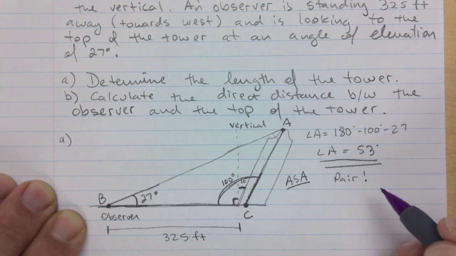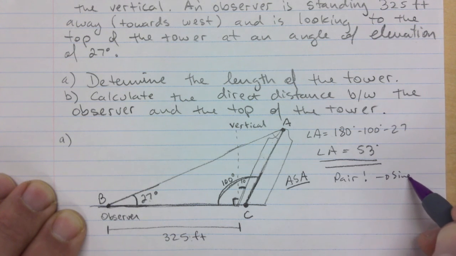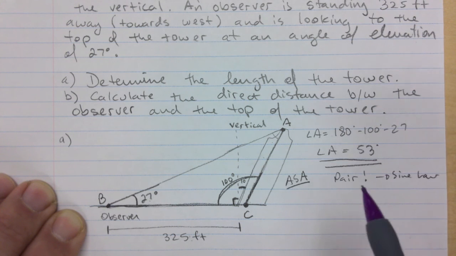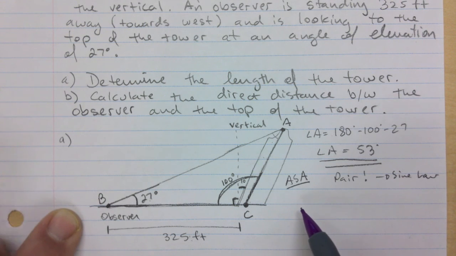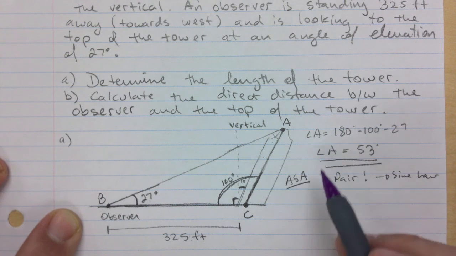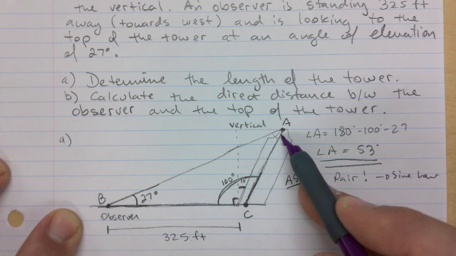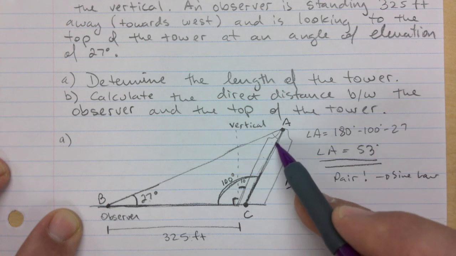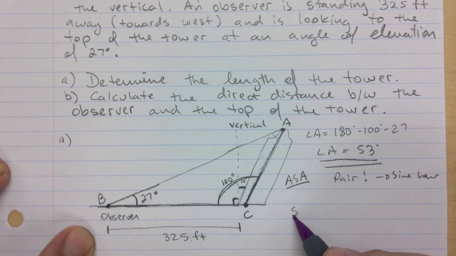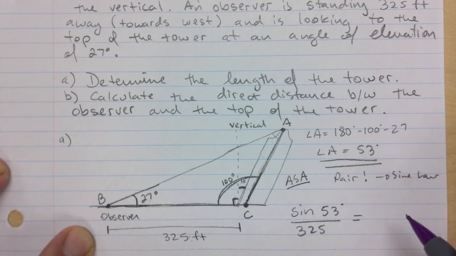We have a pair now. Sine law. So now we're going to attempt to solve for the length of the tower. This is what we're after, okay? So we're going to go sine of 53 over 325 is equal to sine of what? We have to be careful.